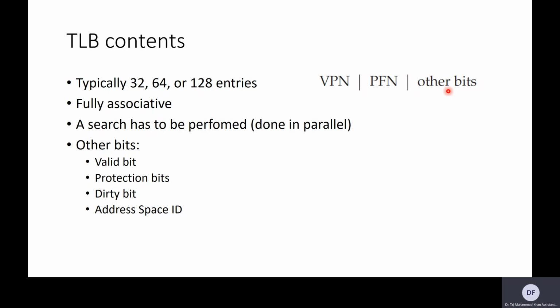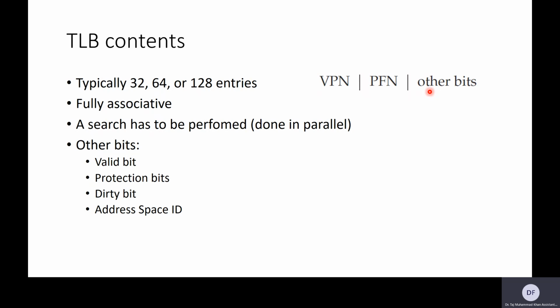Then there are protection bits. In Linux-like systems, there are protections for users and groups, etc. For example, you could have protections of read, write, and execute. Similar protections apply to pages.